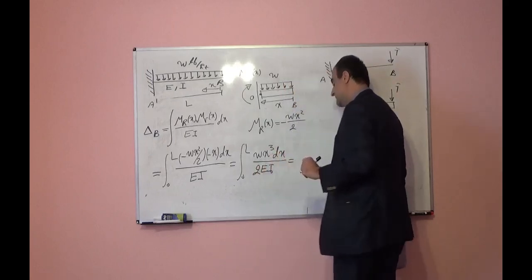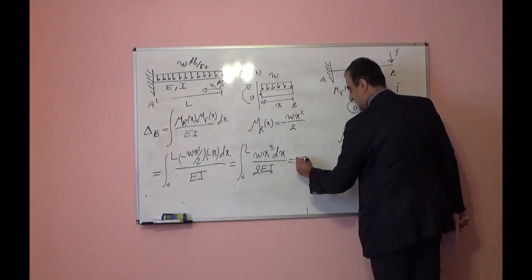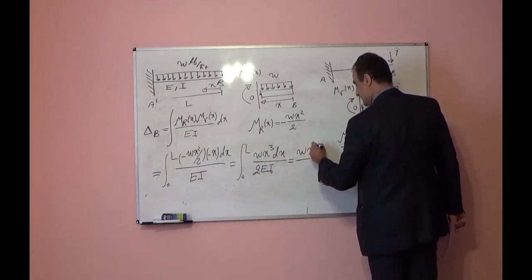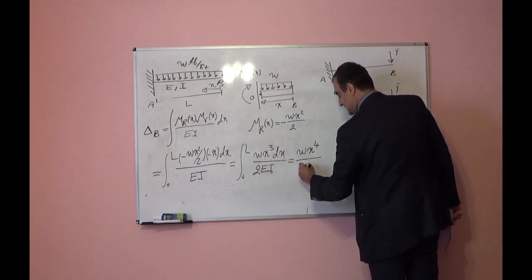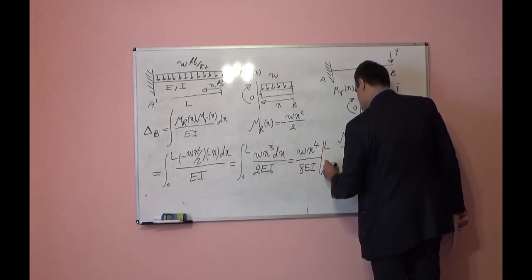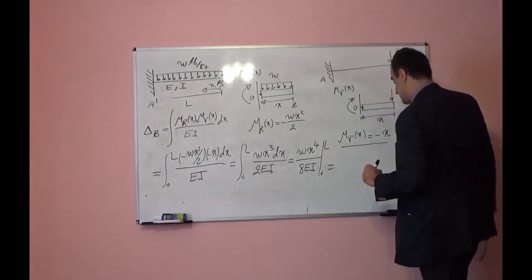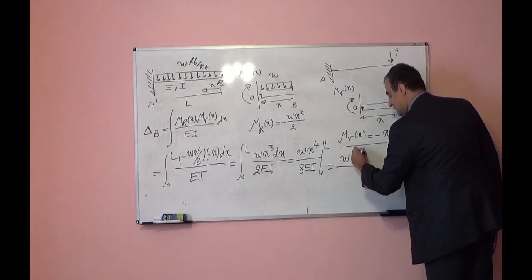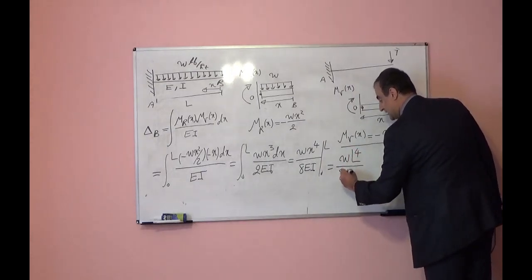If I integrate this, it will be w x to the power of 4 over 8EI from 0 to L. If I plug this in, I will end up with w L to the power of 4 over 8EI.